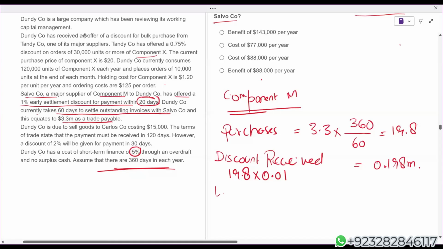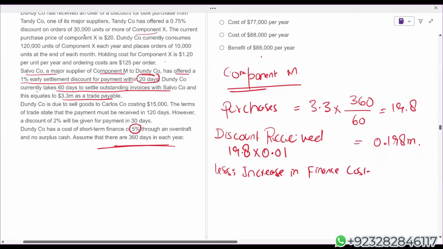So, less increase in finance cost. Annual purchases are 19.8 million. 40 upon 360 actually shows the reduction in trade payable.